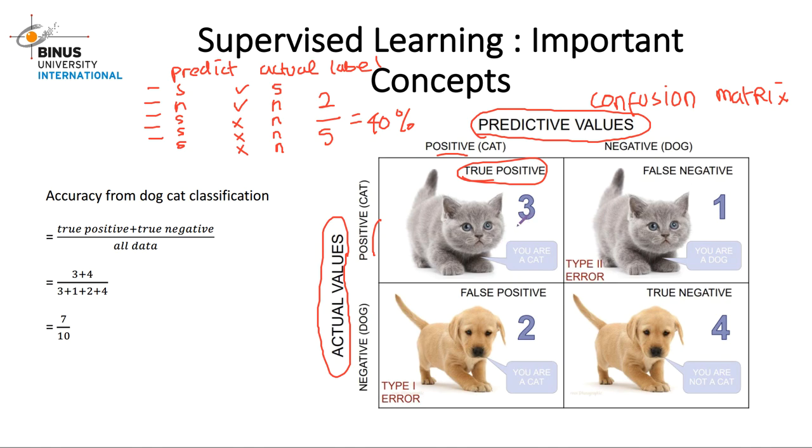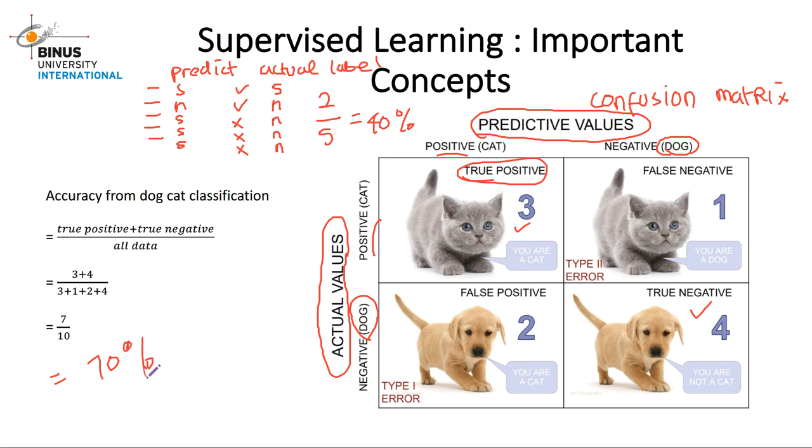Yes, you can classify cat as a cat, so this is true positive. And how about the true negative? For example, not a cat, so this means dog, and the actual value is dog. So your model can predict this is dog, and actually this is a real dog. So you predicted correctly. Okay, based on this confusion matrix, you can see that your model accuracy is 70%, better than this one.